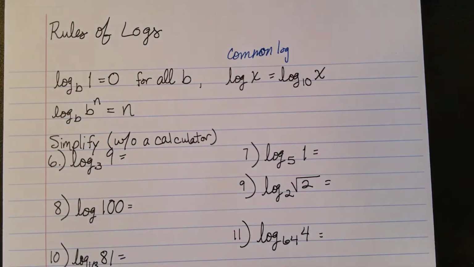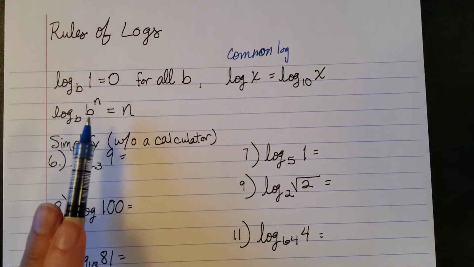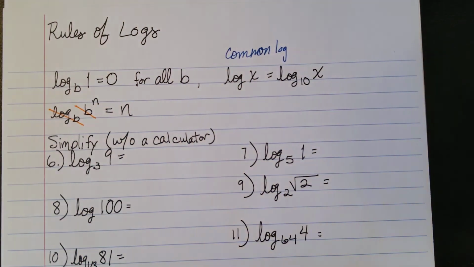And then this is saying log base b of b to the n equals n. So it's basically telling you that log base b cancels out an exponential base b. And that's just true because logs and exponentials are inverses of each other.